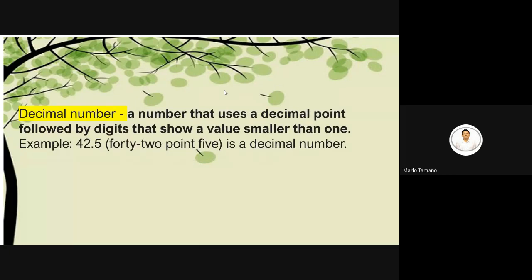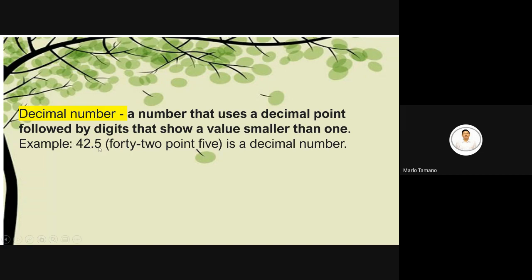A decimal number uses a decimal point followed by digits that show a value smaller than 1. For example, we have here 42.5, 40 plus 2.5. And that is 42.5. Okay? It is a decimal number.